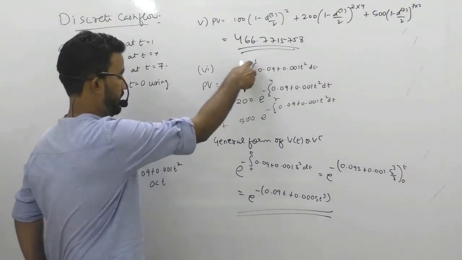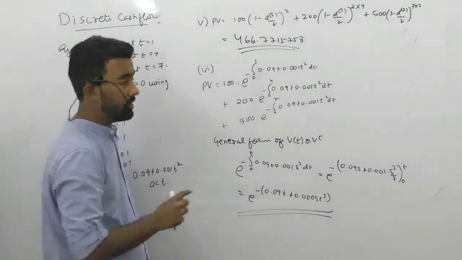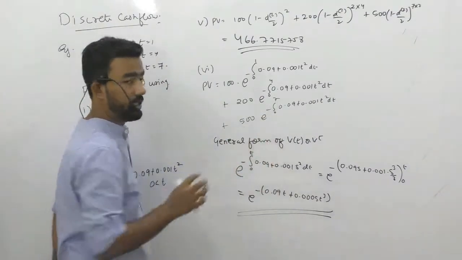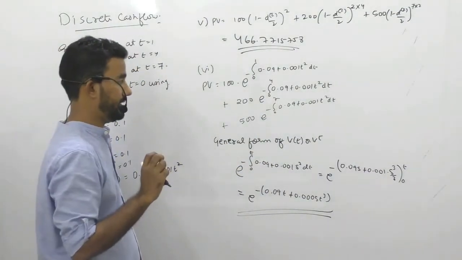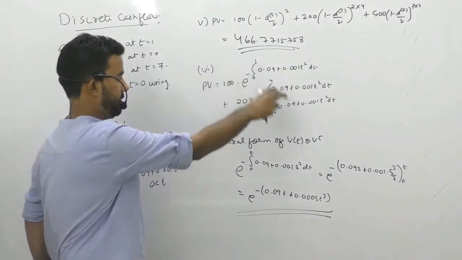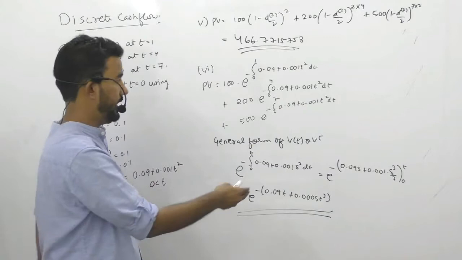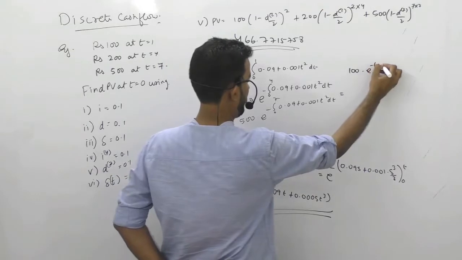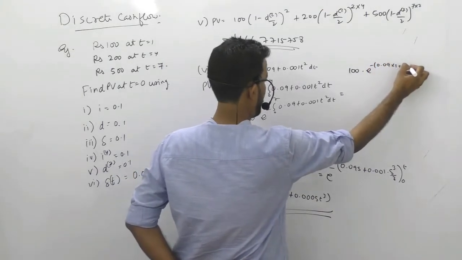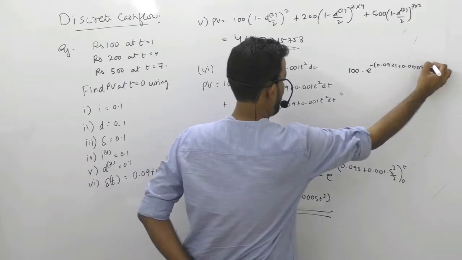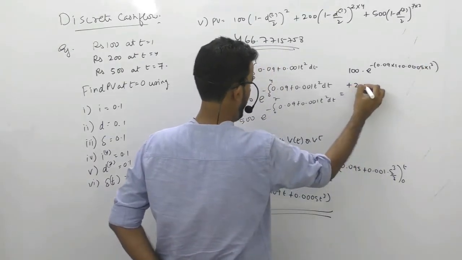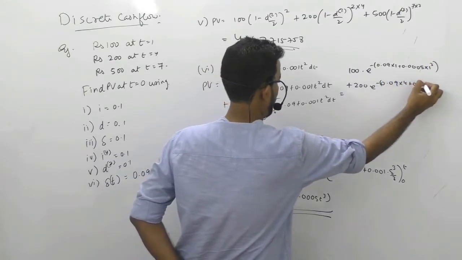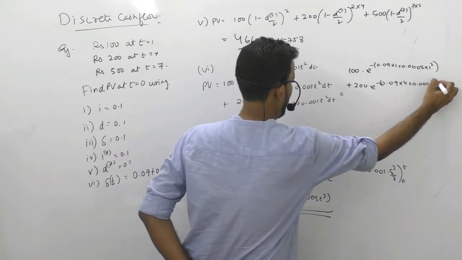Now when I want 1, I can just substitute 1 over here and I get my answer. When I want 4, I can substitute 4 over here, and when I want 7, I can substitute 7 over here. That is how simply we can solve this expression by integrating just once. And now this is equivalent to 100 into e raised to minus 0.09 into 1 plus 0.0005 into 1 cube, plus 200 e raised to minus 0.09 into 4 plus 0.0005 into 4 cube.